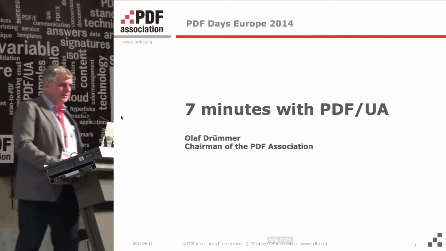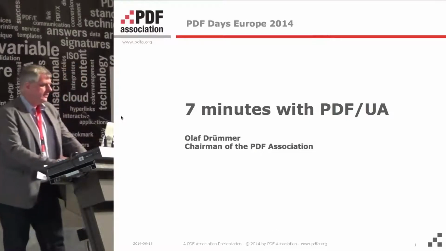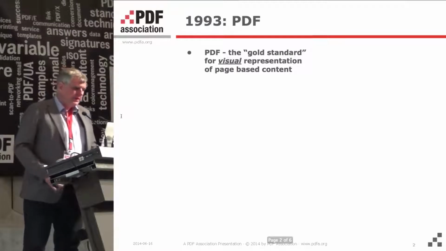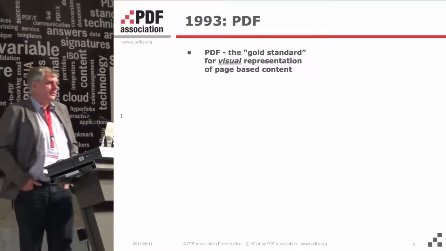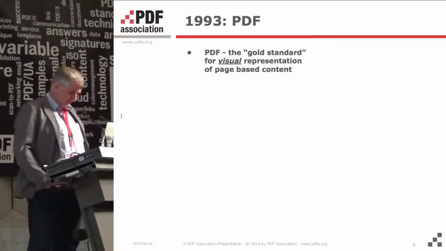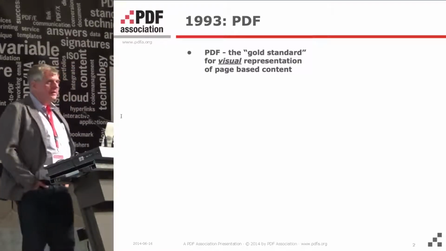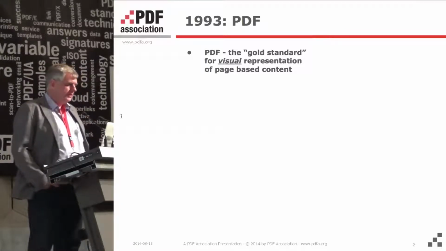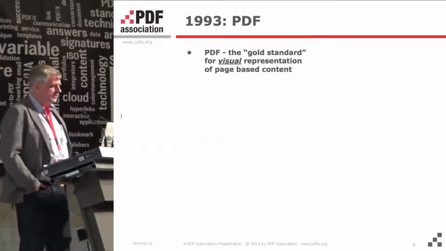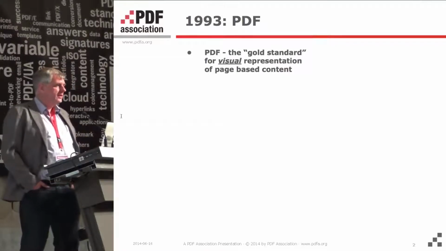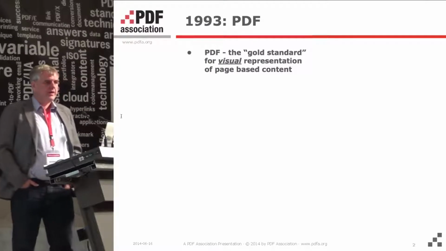Yeah, so last but not least, I'll briefly introduce you to PDF/UA, and just trying to describe to those of you who don't know about accessibility and Tagged PDF already, let me point out that PDF, invented in 1993, can really be considered the gold standard for visual presentation. So it really excels at presenting content in a visual fashion.